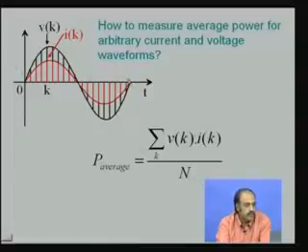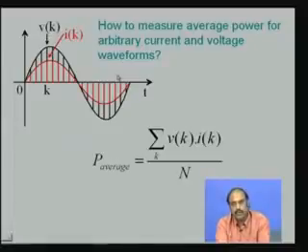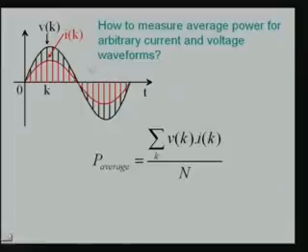This is how you can measure the average power, whatever the waveform may be, because you can see these waveforms on the scope and note down the values. For example, you can take some 30-35 samples in a period, sum up the products Vk Ik, and then divide by 35.